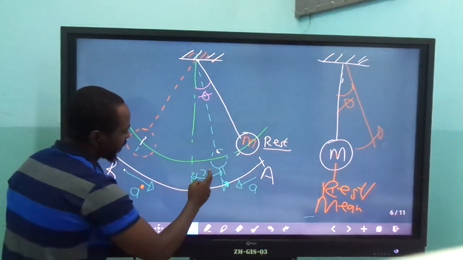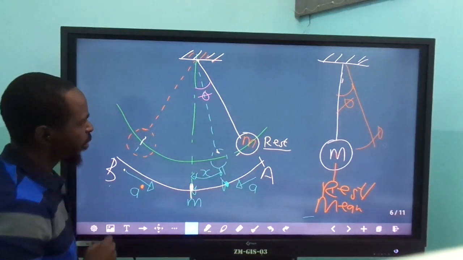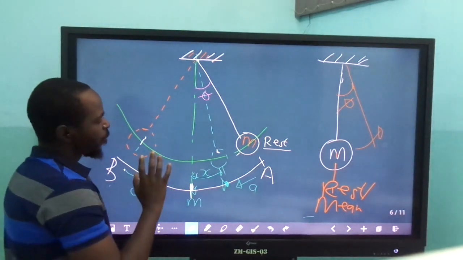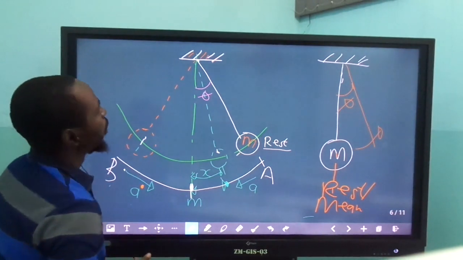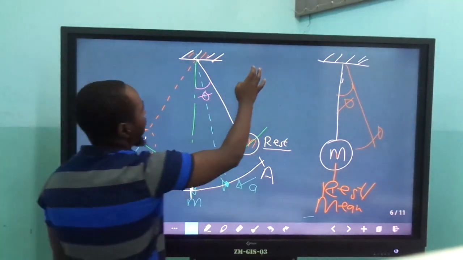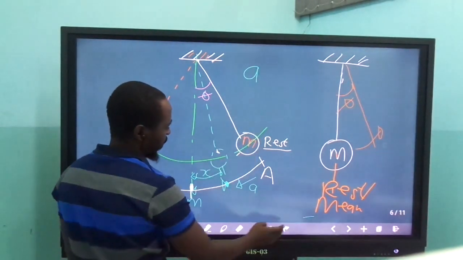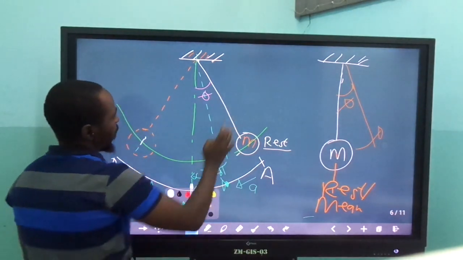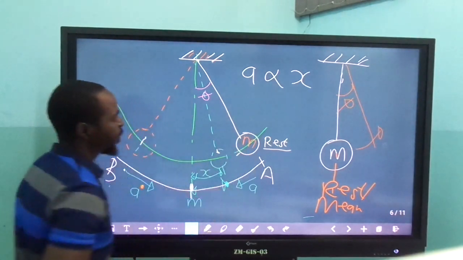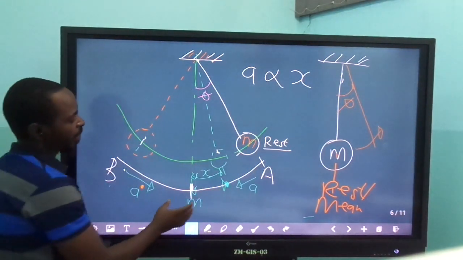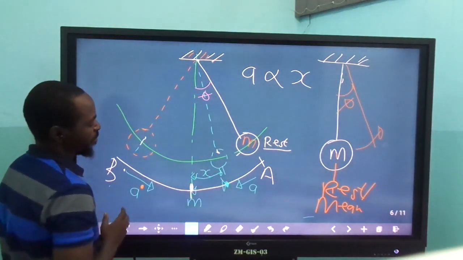That displacement, let it be x. So now, for this condition to stand, the acceleration mathematically must be proportional to the displacement from the mean point. So that x is the displacement.